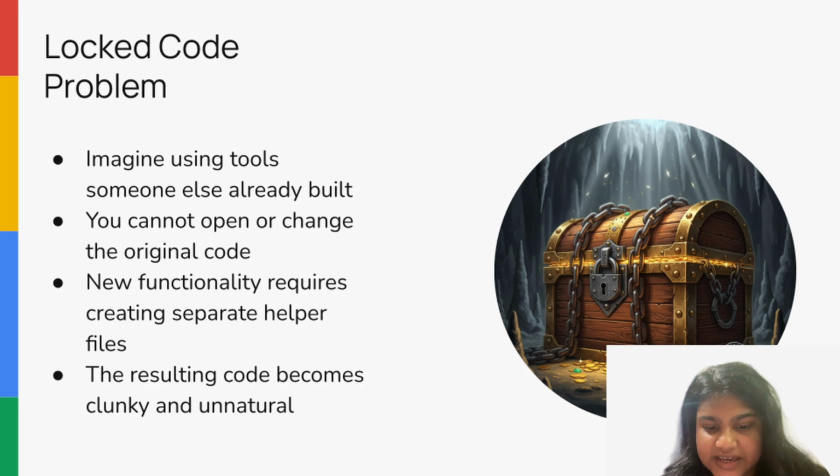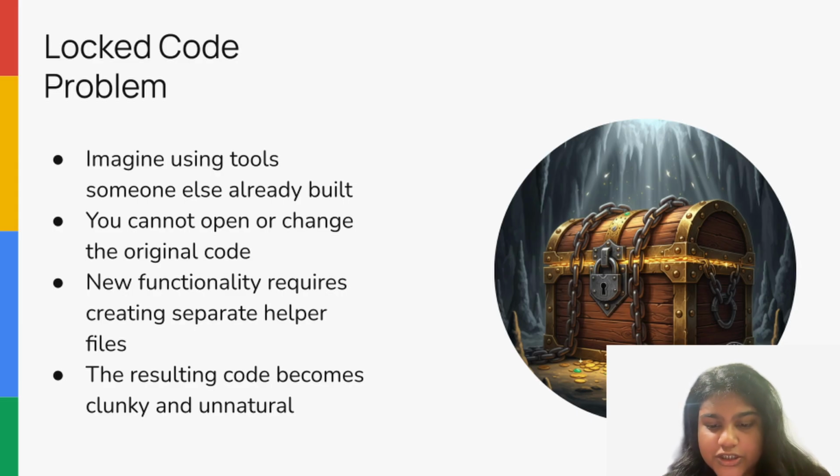Before Dart 2.7, how did we handle this? We used helper classes. You would create a file like stringutils.dart and write a static method like StringUtils.process. Inside, you can write my text. This is technically functional, but architecturally it is messy.